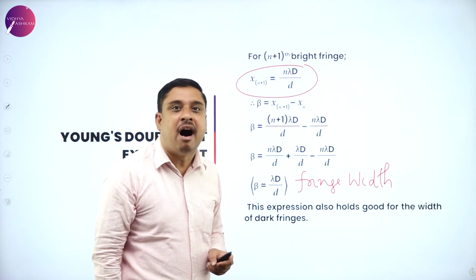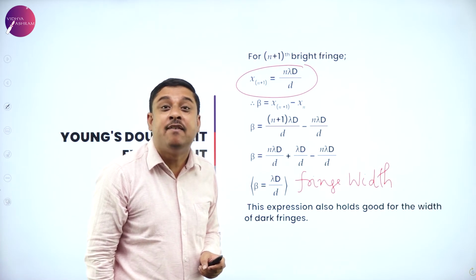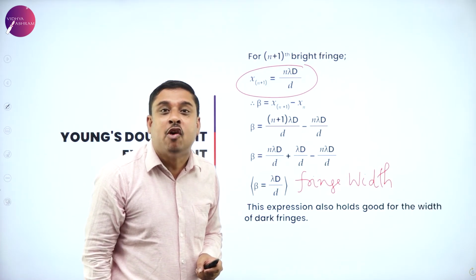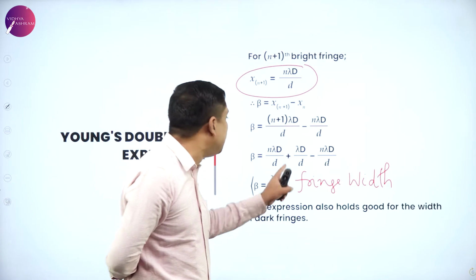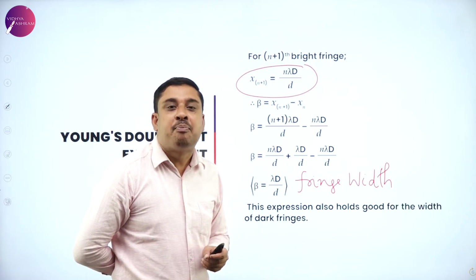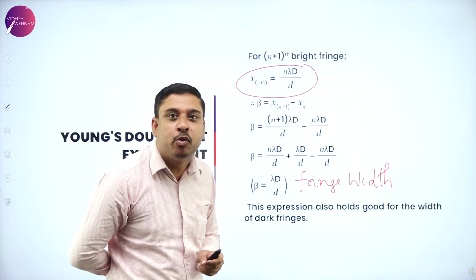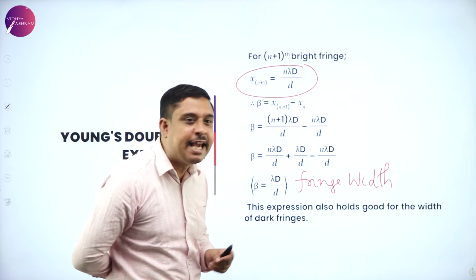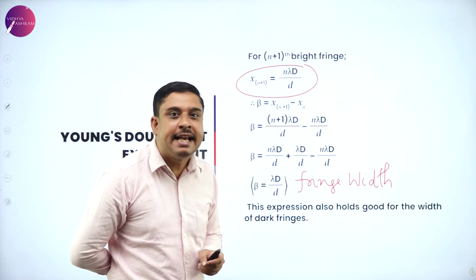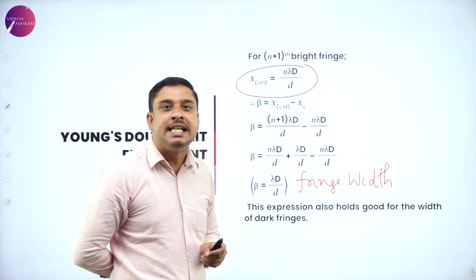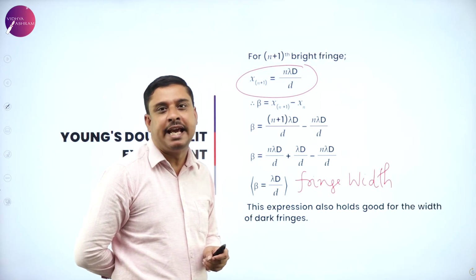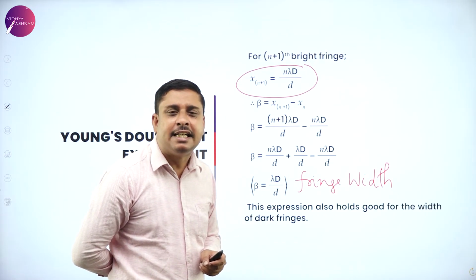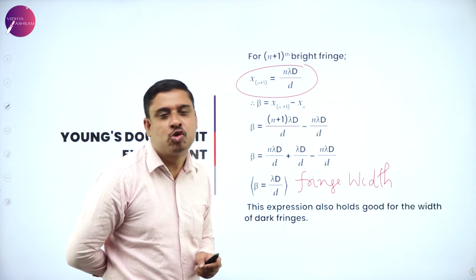Now what is lambda? It is the wavelength of light used. So fringe width is directly proportional to the wavelength of light used. Capital D is the distance between the source and the screen. So fringe width is directly proportional to the distance between source and the screen. Small d is the distance between the two sources.